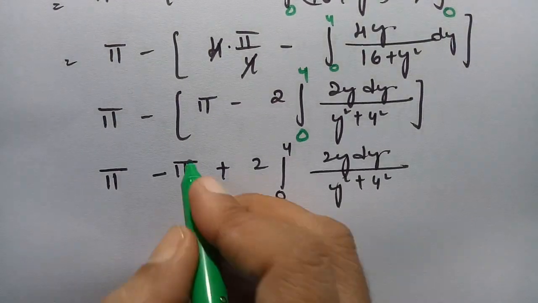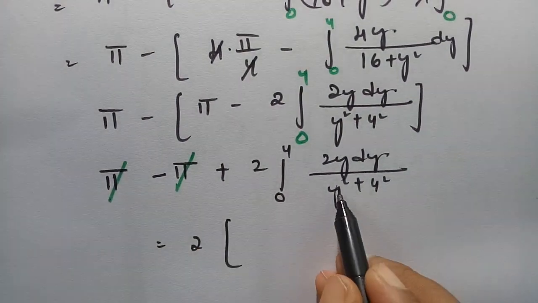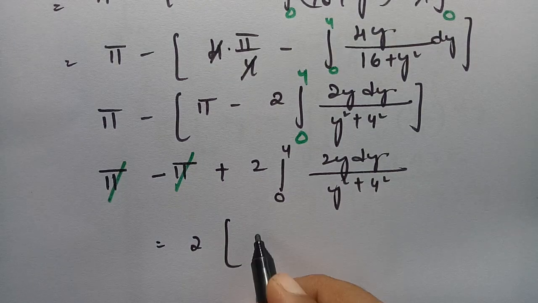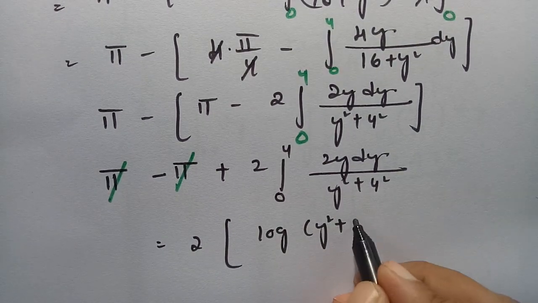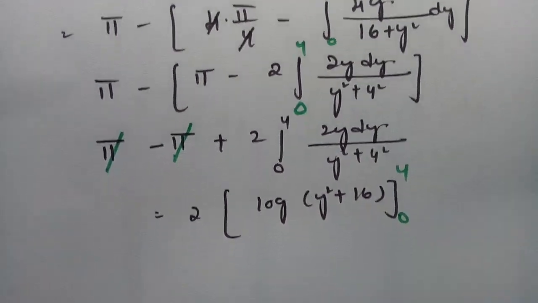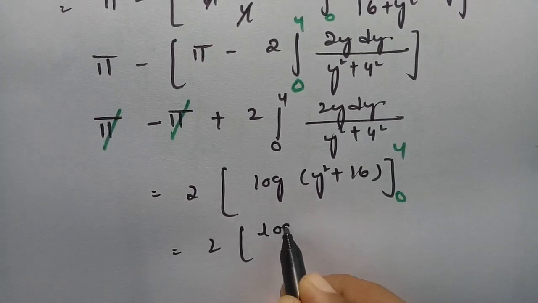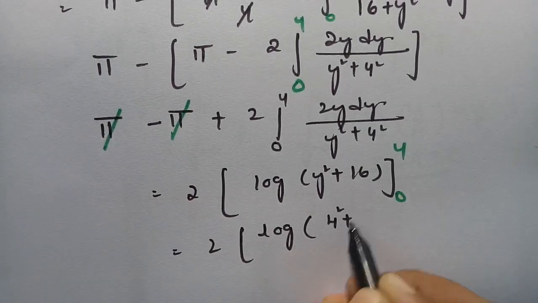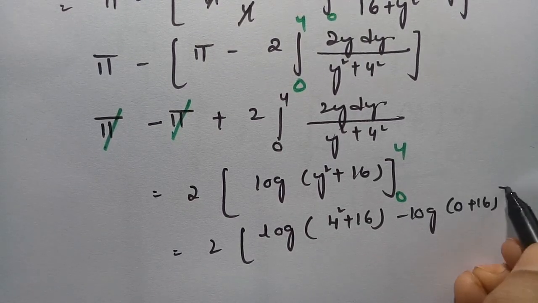Now I can cancel this one. What remains here? This will be 2 times, for y square the derivative is 2y, so I can write this as log of y square plus 16 between the limits 0 to 4. Now I have to substitute the upper limit minus lower limit. This is log of 4 square plus 16 minus log of 0 plus 16.